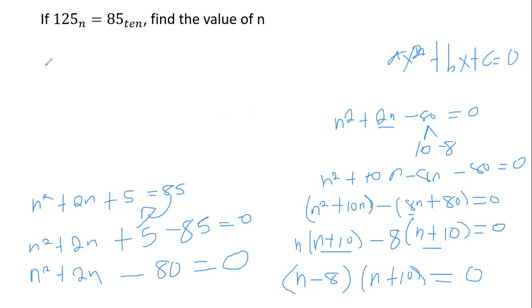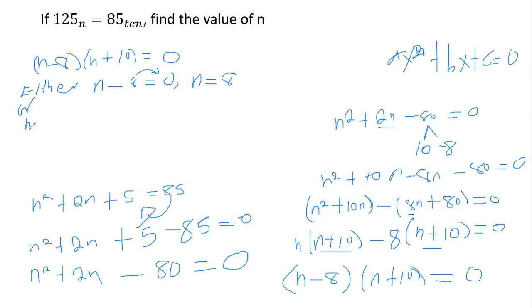So we continue and say our n minus 8 times n plus 10 is equal to 0. So we say either n minus 8 is equal to 0, and when the 8 crosses the equal sign, we shall have n equal to 8.